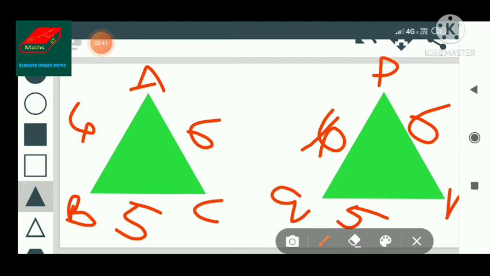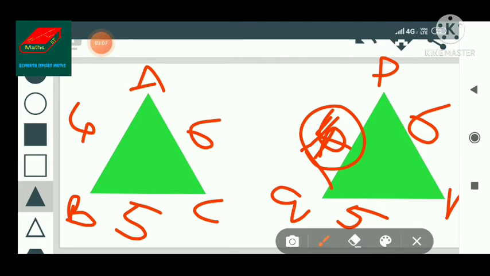So PQ is 4 centimeters. AB is equal to PQ, BC is equal to its corresponding side QR, and AC is equal to its corresponding side PR. So it is said to be congruent by the SSS congruency condition. So now I think you got it.